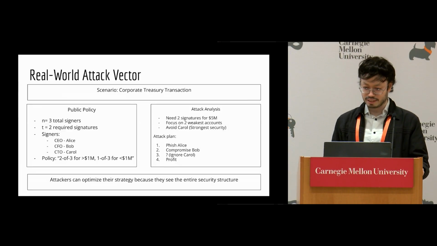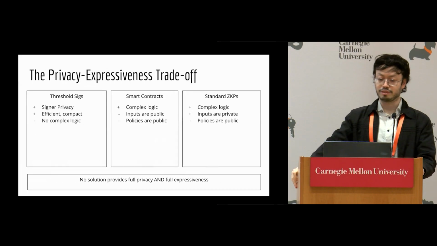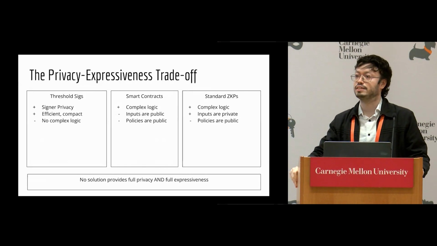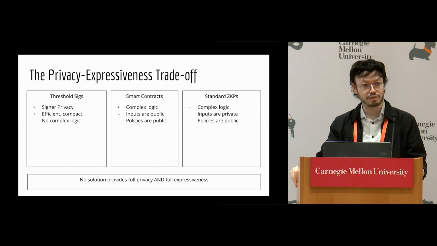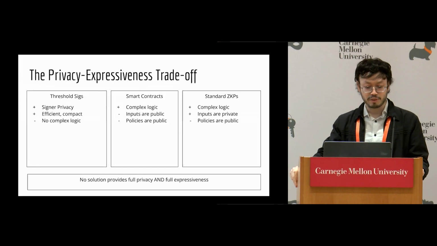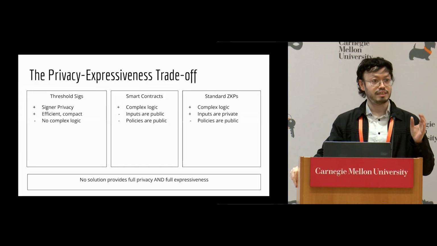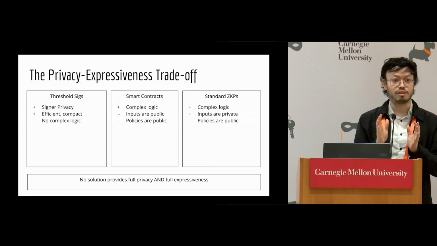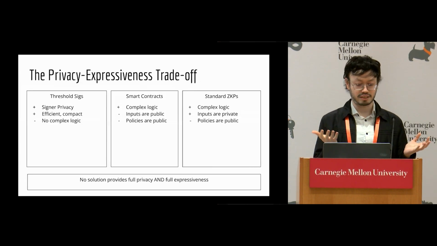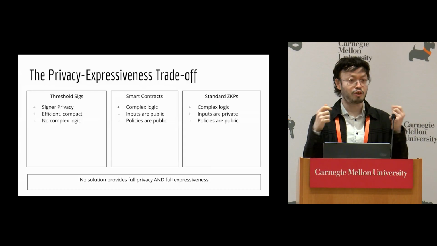So what's the current landscape right now? There is a privacy expressiveness trade-off right now. So you have threshold signature schemes where you can get signer privacy for a limited expressivity of transaction structures. So essentially, these are compact signatures.